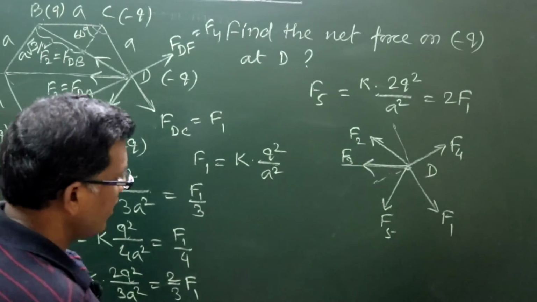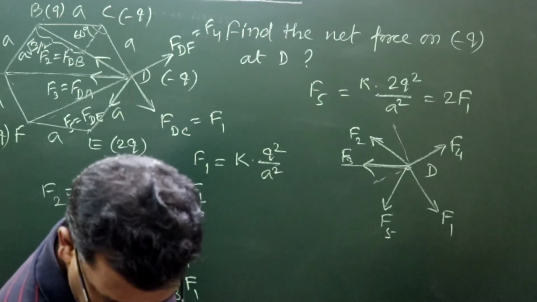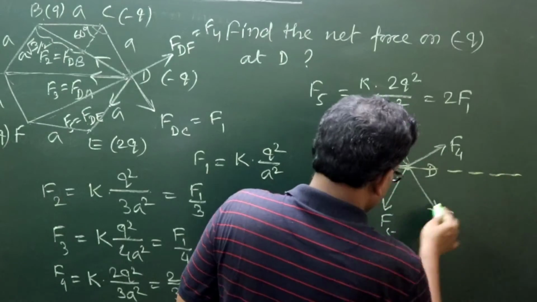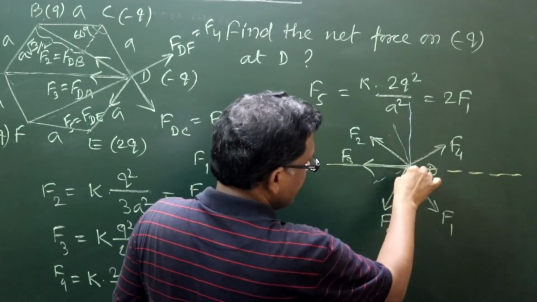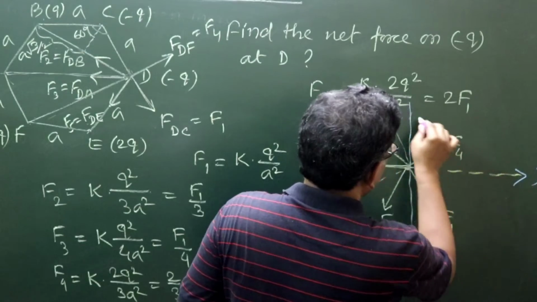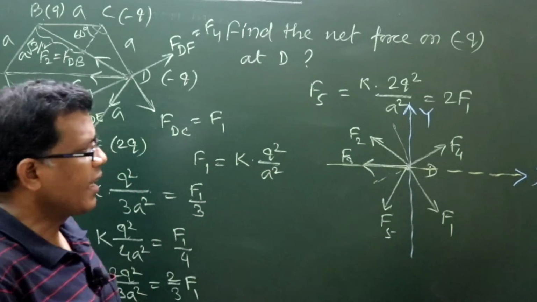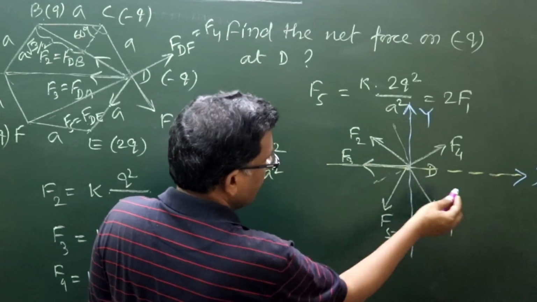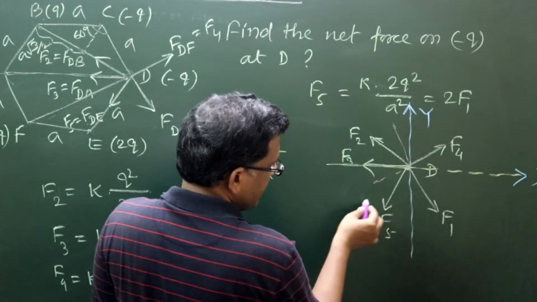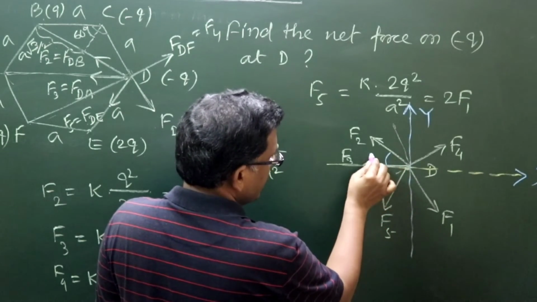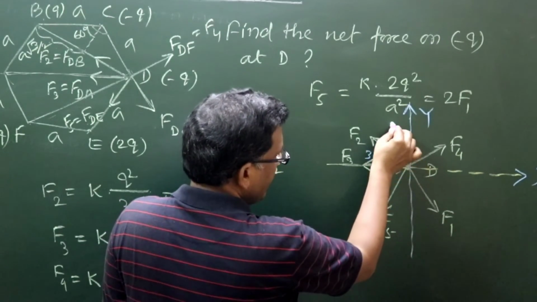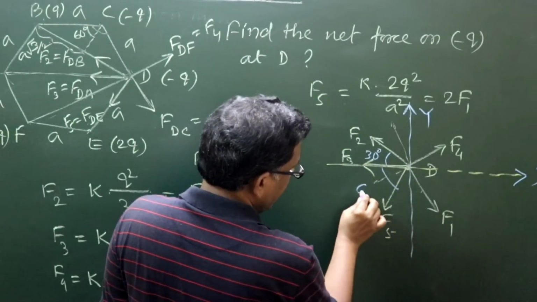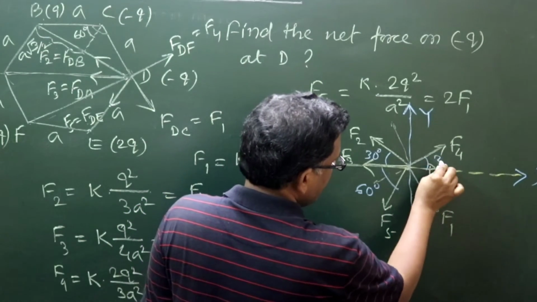Now, referring to this horizontal line as the x-axis and this vertical line as the y-axis, I can resolve all of them along x and y. What will be the angles? Geometry-wise you can see this will be 30 degrees, this one will be 60 degrees, this one will be 30 degrees.